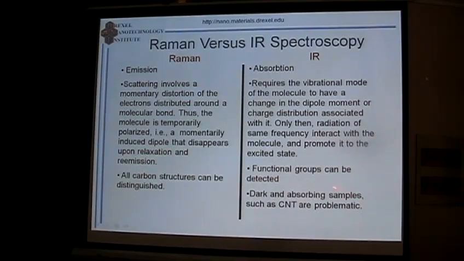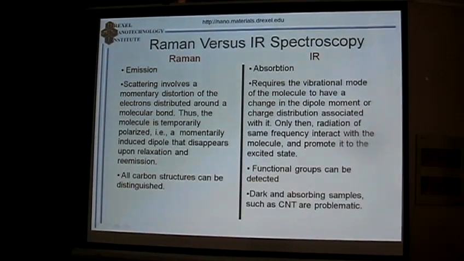But infrared spectroscopy is hardly used for analysis of carbon nanotubes because dark, absorbing carbon nanotubes are very, very difficult to handle. An infrared spectrometer is primarily used to look for functional groups on the surface, for functionalization of nanotubes, and it is still very, very tricky.